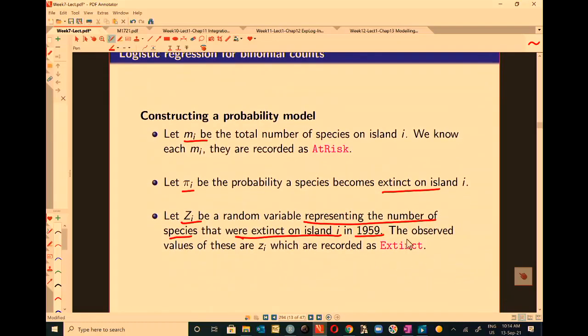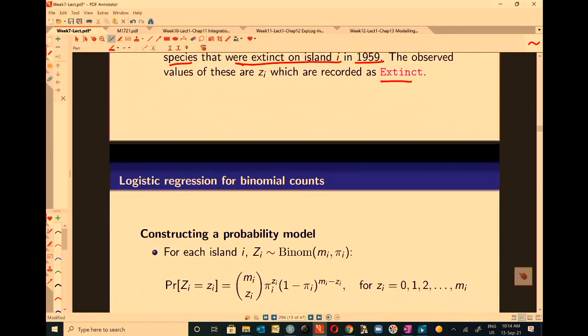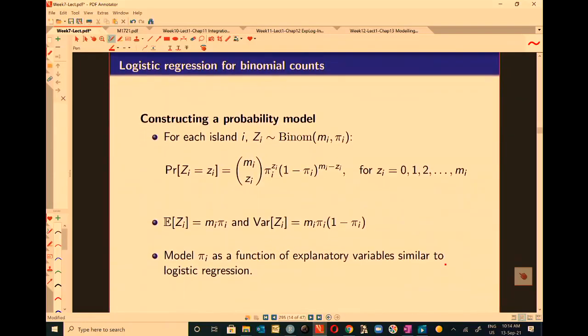The observed values of Zi, the number of species that are extinct, are also recorded here. So the model we have for the data is for island i, Zi, the number of birds that are extinct, is binomial with mi and pi i.